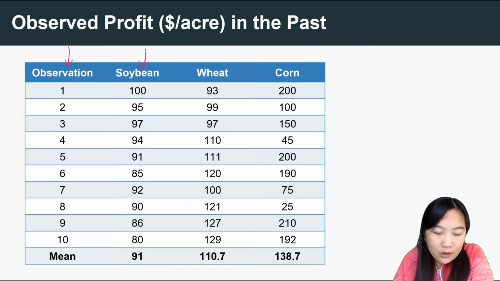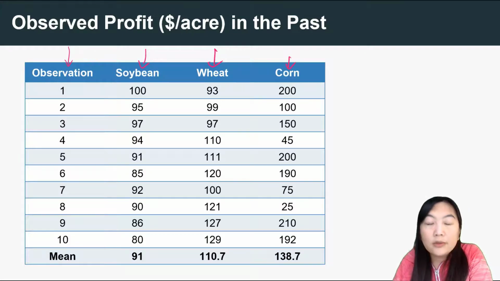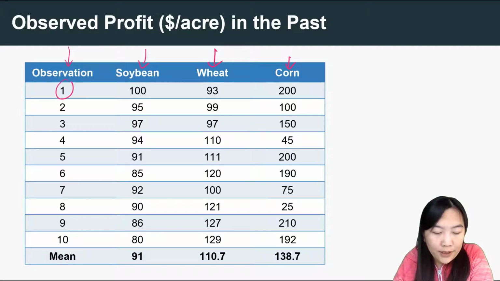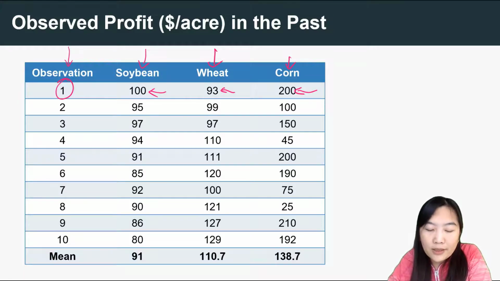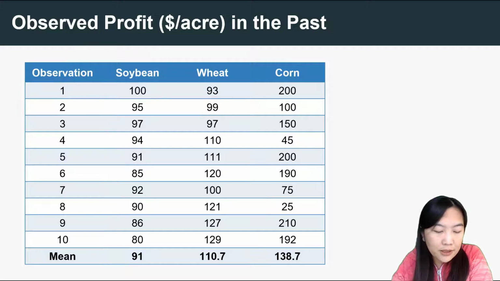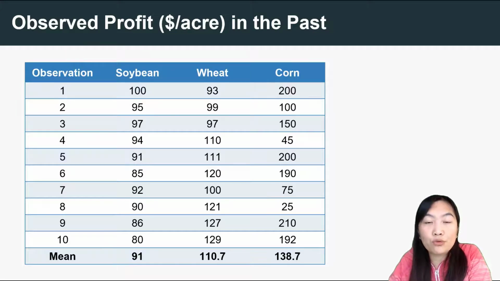And for each crop, there's an associated profit for each period. So those are information in the past. That's what the farmer observed. And for the current year, the farmer doesn't know for sure what the profit will be.